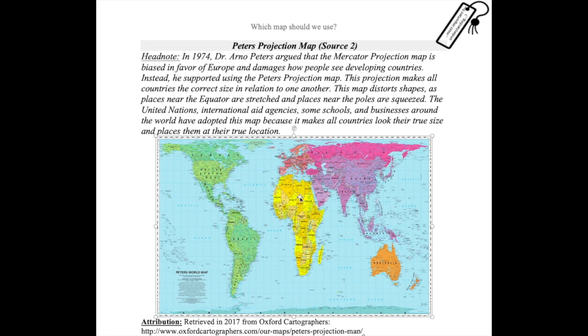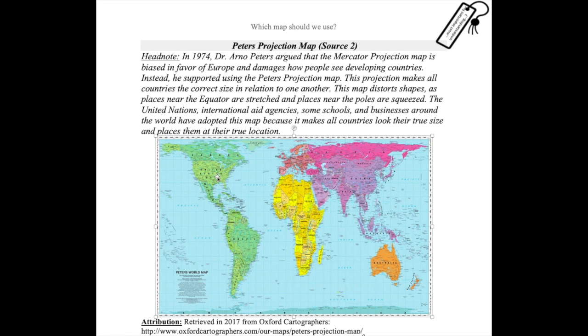Let's see if I can find the equator line here. This is it. This is the equator. So land masses like South America and Africa that are close to the equator now appear larger, while land masses that are close to the poles at the top and the bottom of the map now appear smaller.